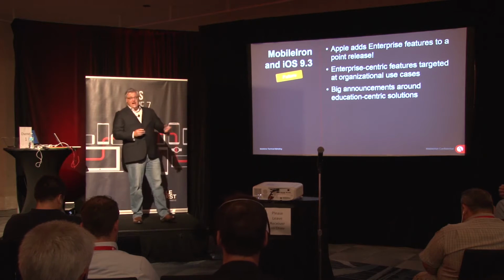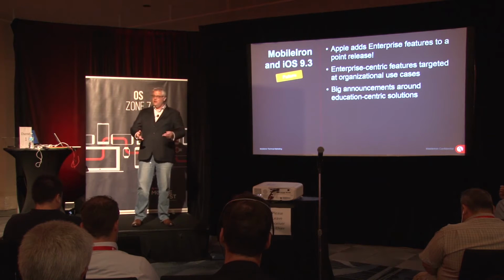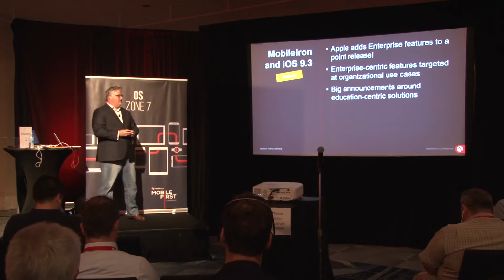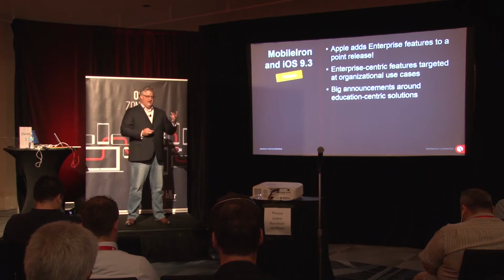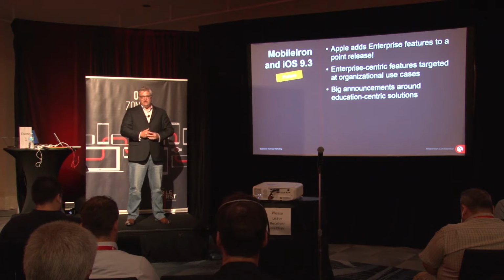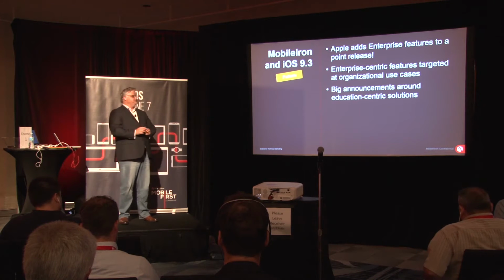Now, what has happened this year with iOS 9.3 is new features that were not discussed at WWDC came about in iOS 9.3. So again, it's signaling Apple's real interest in enterprise and organizational use cases and really driving adoption of iOS devices in enterprise, which is good for all of us.